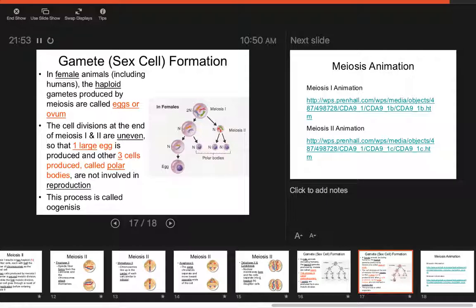And what's even cooler is, when you're in your mother's womb, they're going through meiosis, but they stop after meiosis 1. And then when you reach puberty, they start back up again and go through meiosis 2, and that's when you start having your cycle and releasing the egg once a month. So it's a pretty fascinating thing. But anyway, that is the difference in how our gametes are actually formed.